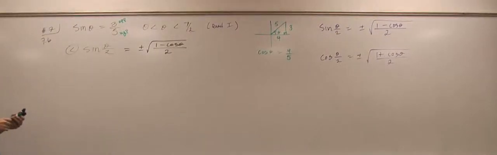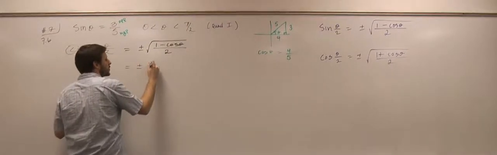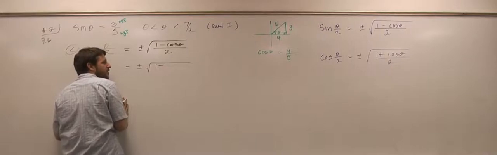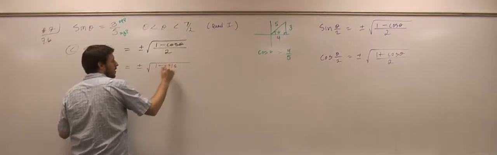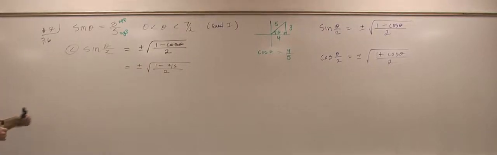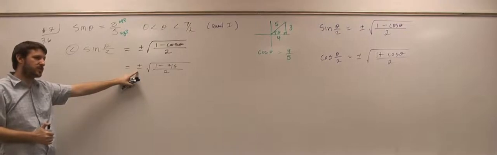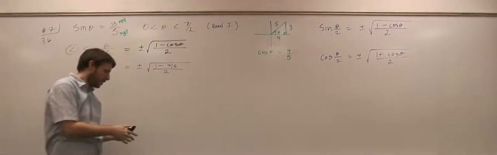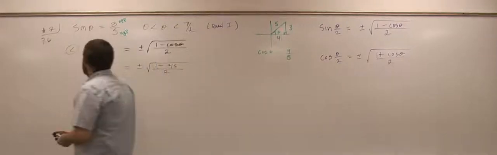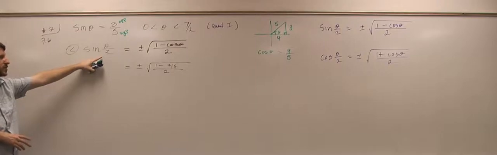So then sine of theta over 2 will be plus or minus the square root of 1 minus, but instead of cos theta, what should I put in? 4/5, all over 2. Now, we're going to want to simplify this, and I'll walk you through the simplification. But we also need to choose the plus or minus. Now, I'm going to give you a procedure that will help you choose the plus or minus no matter which quadrant you're in.